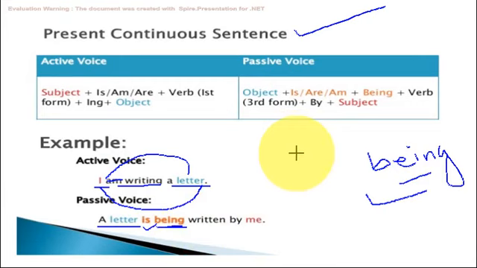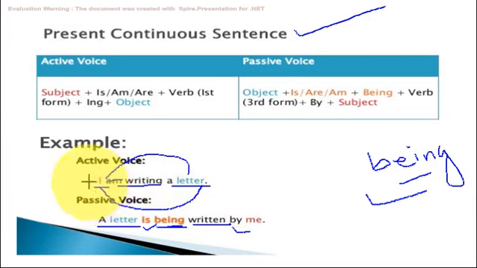Then our rule says take the third form of verb. What is the third form of verb? Write is the first form, wrote is the second one, and the third one is written. Then we use written. Then our next rule says use by, right? Here we used by, and then subject becomes object.